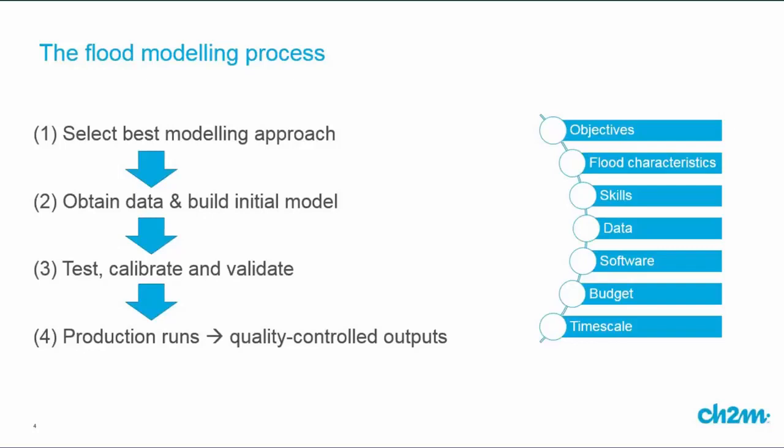Then the other type of things that are helping you decide the best available approach, is the skills of the team you've got working on it, the data you've got available, what software you've got or can purchase, the budget you've got to undertake the work, and then the timescales you've got available to undertake the work. And all of that can help guide what is the best modelling approach for a particular scheme.